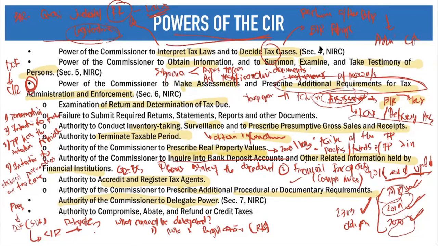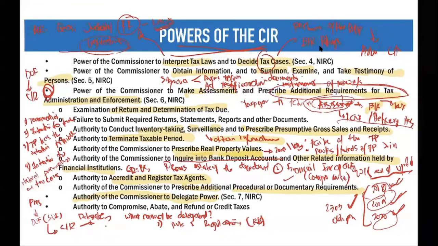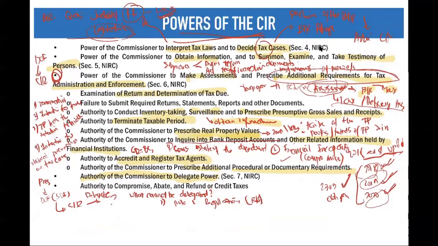Therefore, one of the functions of the BIR a while back is to make rules and regulations pertaining to tax laws. Therefore, that is administered by the CIR. The CIR has the power or authority to make rules and regulations. This making of rules and regulations is non-delegable. It cannot be delegated. Another power that cannot be delegated is to issue rulings.